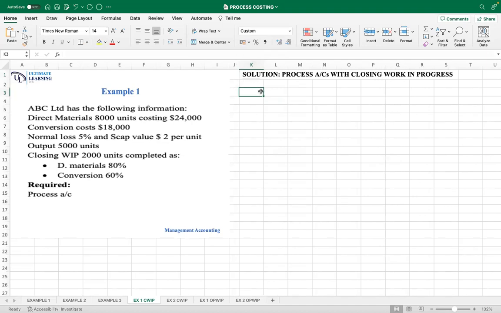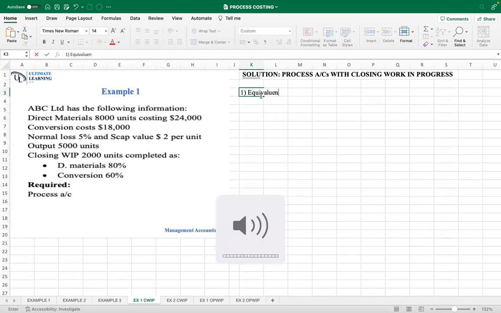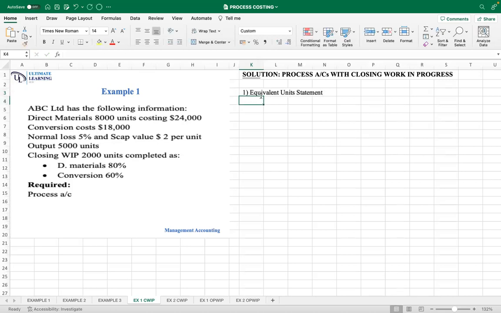Now, we said that whenever there are process accounts with closing work in progress, number one, even if you have not been asked, you need to prepare what is called an equivalent units statement. In the equivalent units statement, you show your output units, your closing work in progress completed units, any abnormal loss or gain, identifying whether it is a gain or a loss, and then the total equivalent units.